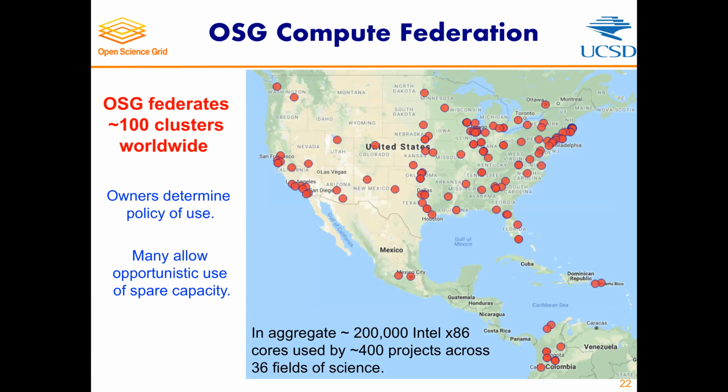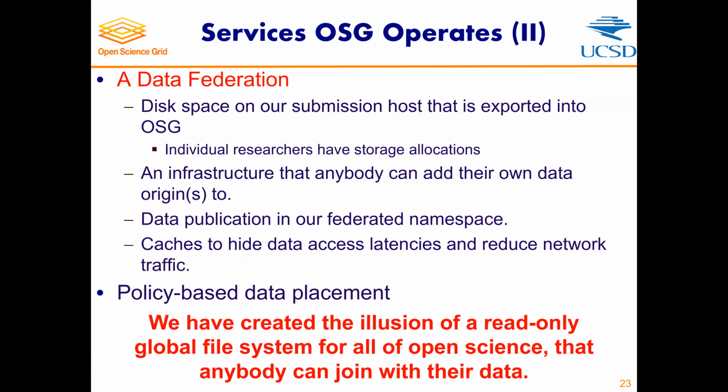We have a lot of clusters that are only for the LHC, only for LIGO, only for IceCube, only for Xenon 1 ton, or Xenon 1 ton has a certain amount, and then LIGO has a certain amount, and Atlas has a certain amount, but nobody else. And we're willing to do whatever it takes. In aggregate, the OSG compute element deployed infrastructure is about 200,000 Intel x86 cores used by 400 projects across 36 fields of science. Then that gets me to the Data Federation services.